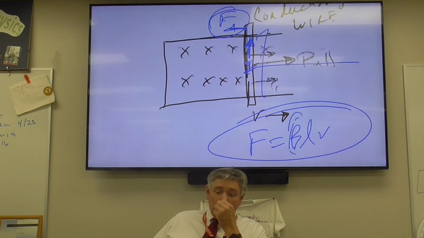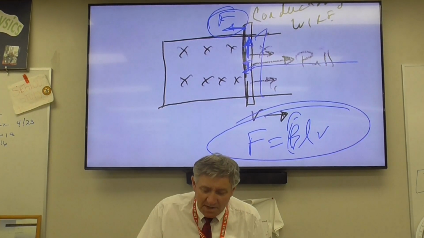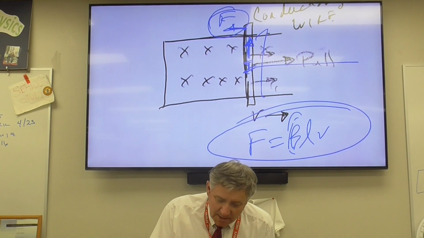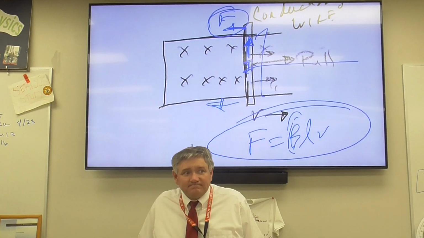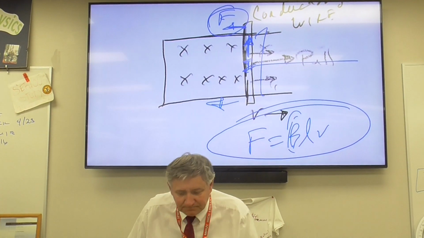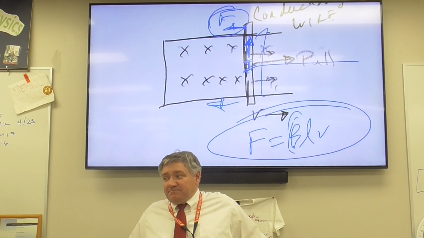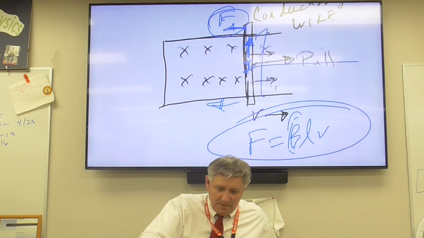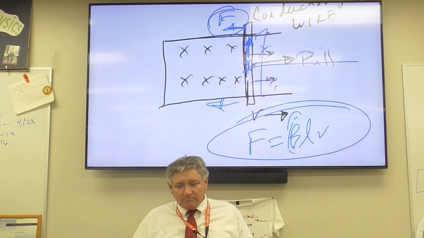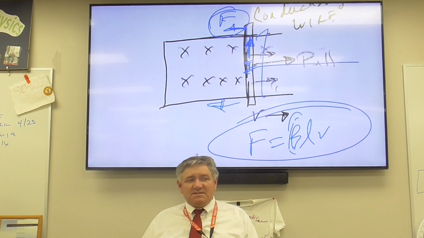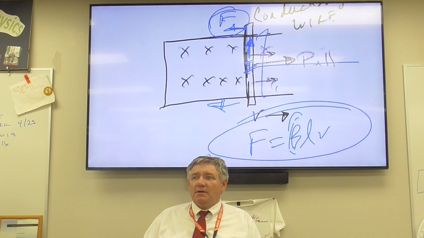Now, an interesting thing happens. What if I push the bar in that direction? Now let's just look. You're Mother Nature. The curtain's going to be coming across like this. What are you going to be seeing less of?